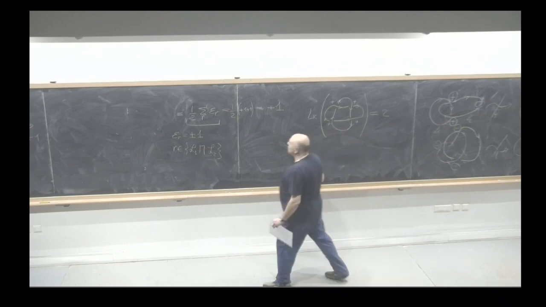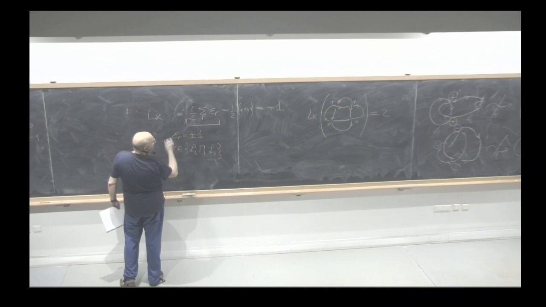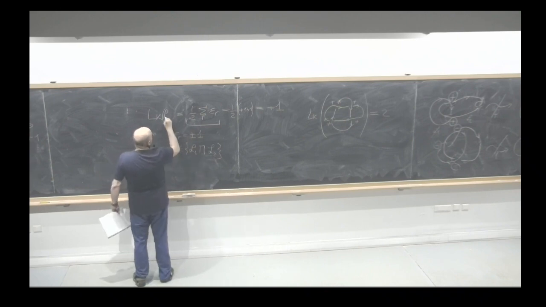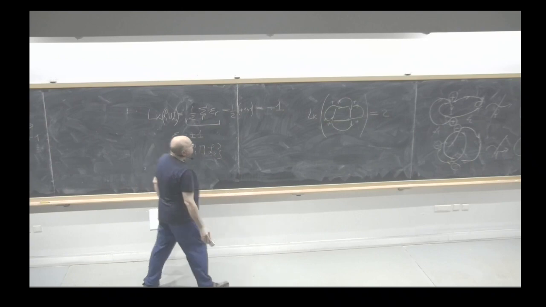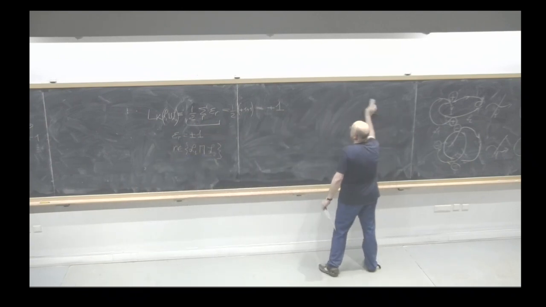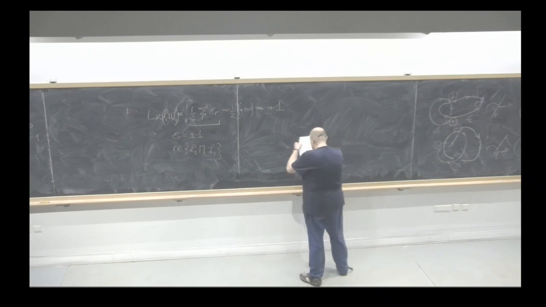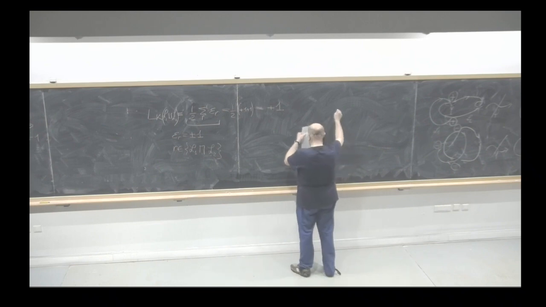So I do one more example. This would be evidently the linking number of, say, two curves, L1, L2. Let's do another example here. Another example can be this one. We have the figure of 8 knot.